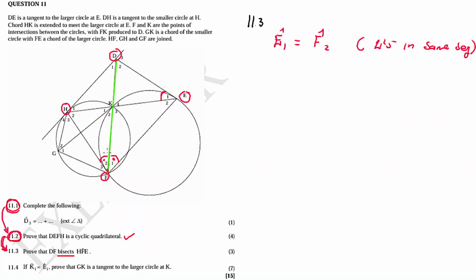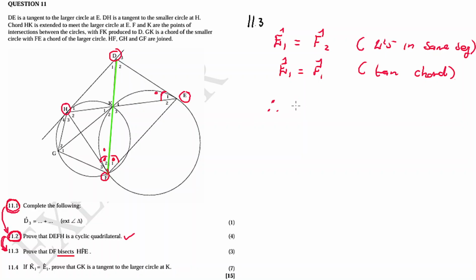This is a cyclic quad, so this angle is equal to this angle, right? So our job here is to prove that F2 is equal to F1. We also proved that E1 is equal to F1 through the tan-chord theorem. We just proved this on the previous question, right?